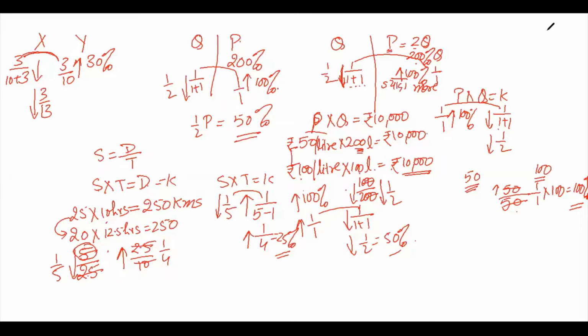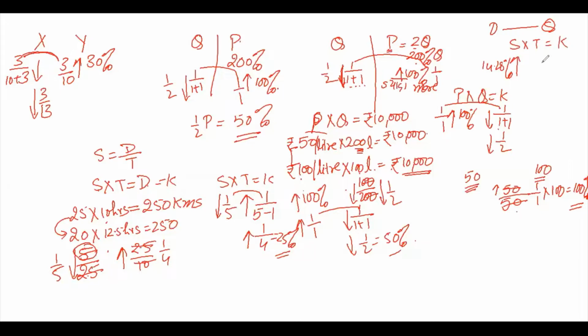So my question is that I'm going from Delhi to some city Q. I don't know where it is, and my speed suddenly increases by, say, 14.28%. Speed into time, everyone knows, is distance.